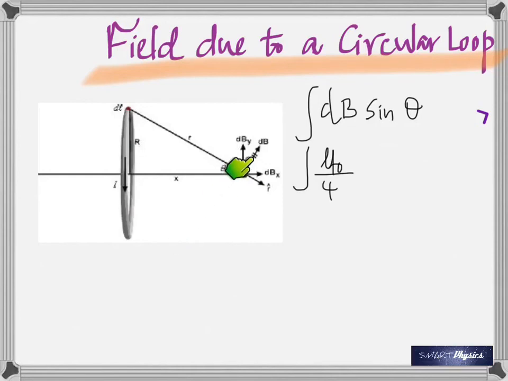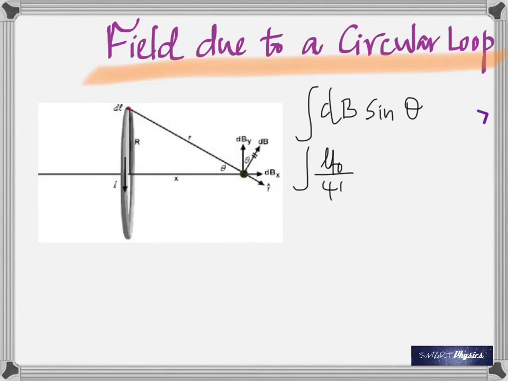According to this diagram, this is theta. Therefore, dBy would be dB cos theta, right? And dBx would be dB sine theta. Therefore, you are taking integral dB sine theta. That's what I'm trying to say.